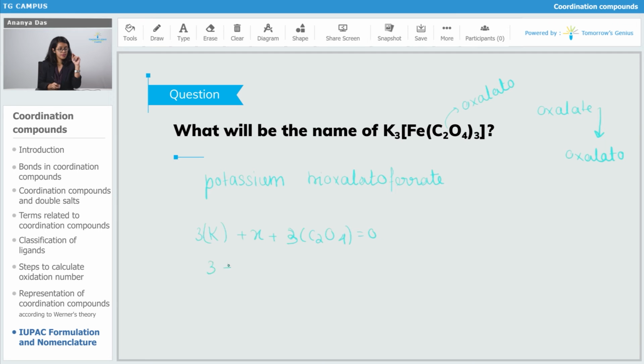So 3 plus x minus 6, because potassium has a +1 charge and oxalate has a -2 charge. So that gives you iron's oxidation state as +3. So just write 3 here. That's it. This is the entire name, potassium trioxalato ferrate(III).